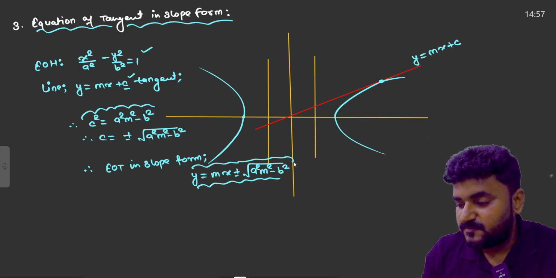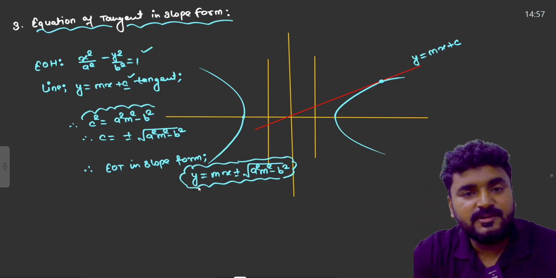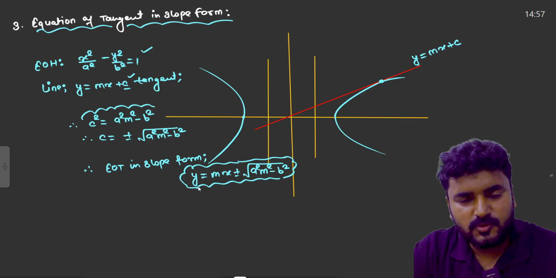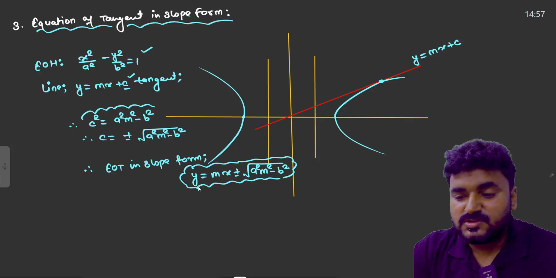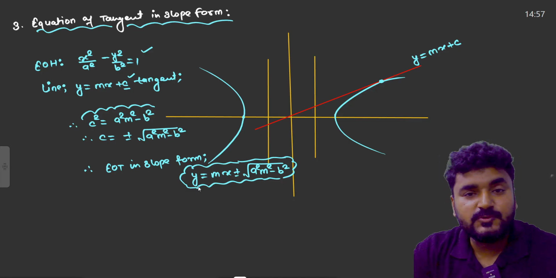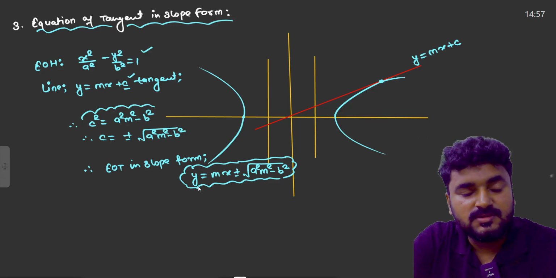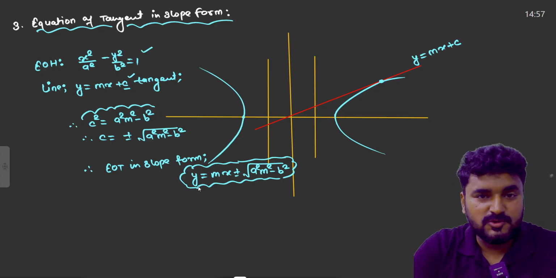Students, we should learn this formula, and by using it we can find many equations of the tangent in slope form. I think you understand. Once you have the equation of the tangent, now I am going to tell you the equation of the normal also, in point form, in parametric form and in slope form.